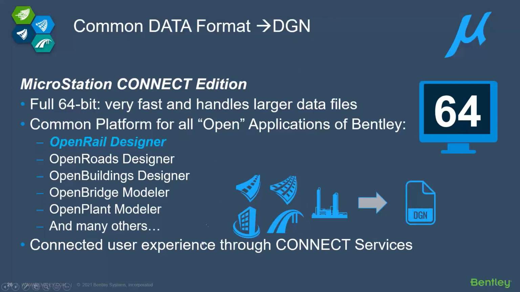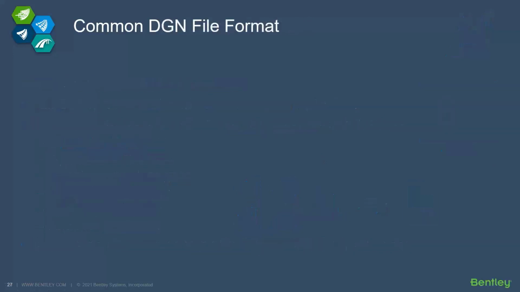And with this, users have a connected user experience in terms of how they leverage different resources available from Bentley Systems, as well as the technology that is embedded inside all of the software.